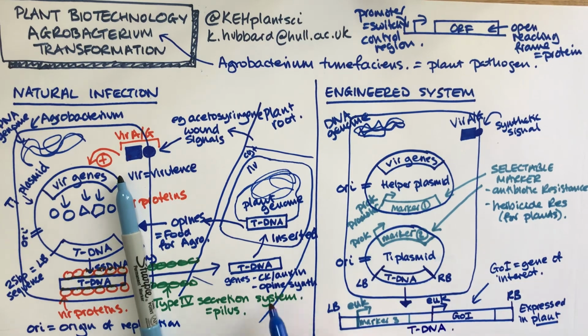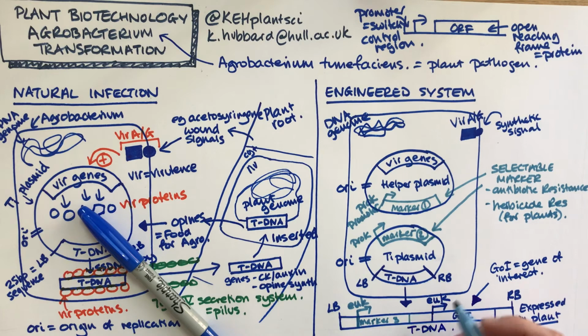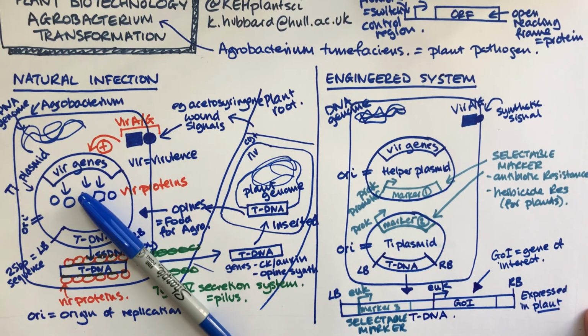So we've taken out cytokinin and auxin, we've taken out opine synthesis, we've put in our gene of interest, so whatever we're actually trying to modify with, and we've put in a selectable marker into the tDNA so that we can tell which plant cells have been transformed and which haven't.